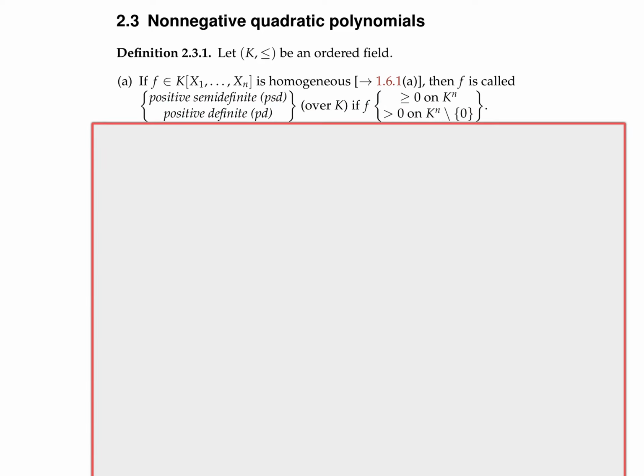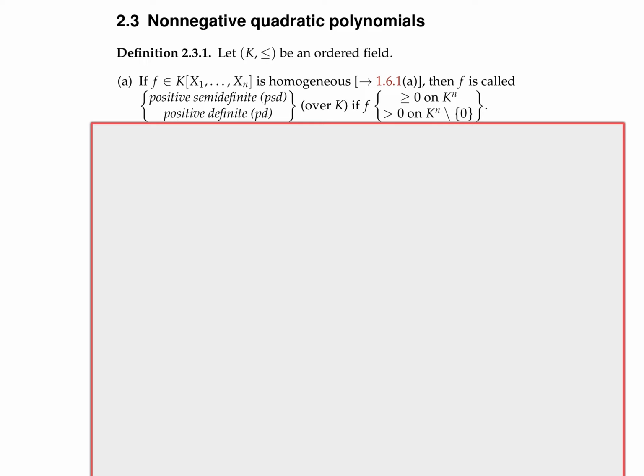Then if f is a polynomial over K in several variables, which is homogeneous, meaning that each monomial has the same degree, then f is called positive semi-definite, for short PSD, respectively positive definite, for short PD, over K, if f is non-negative on K to the n, meaning that f of x is greater than or equal to 0 with respect to this order, for each x in K to the n, or if f is strictly positive on K to the n without 0, right?